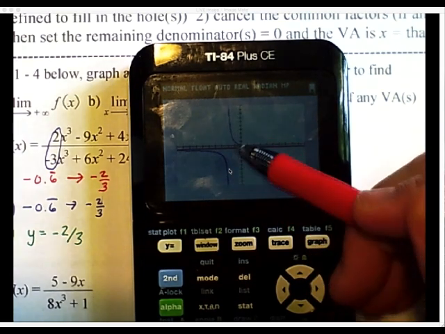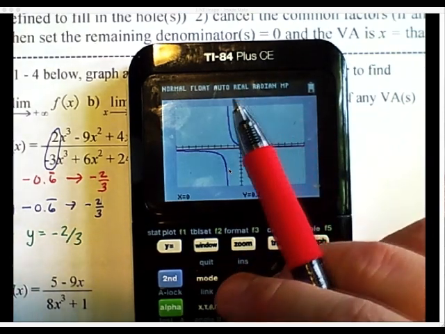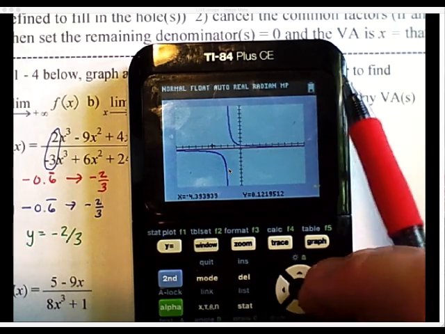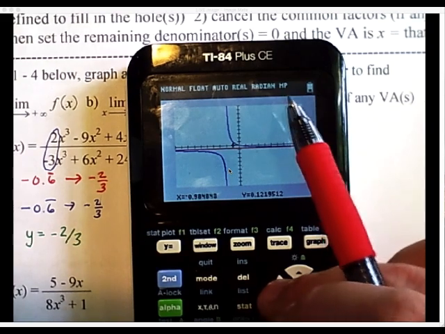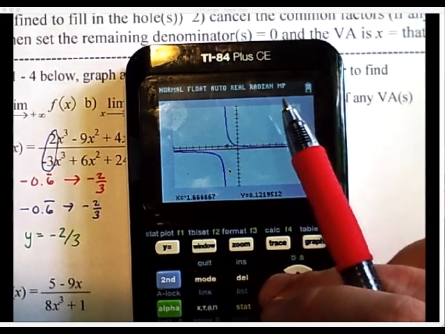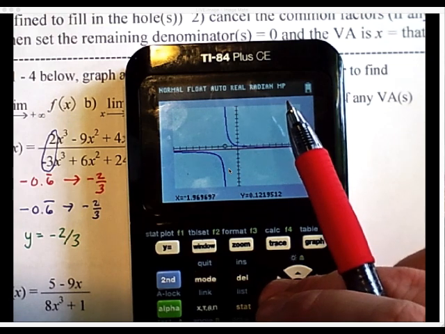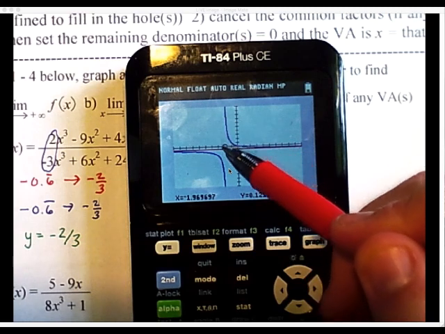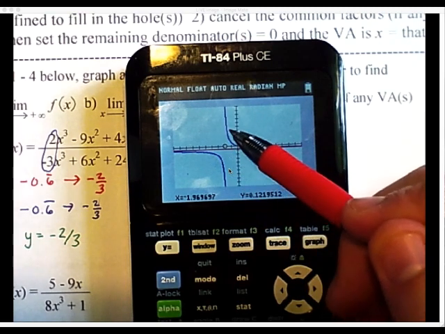Now I don't know exactly what that number is. I could take a guess. Maybe about right there, maybe at -2. Okay, but I'm not sure on that. It looks like I could draw a vertical line at about -2 that the curve would never cross.